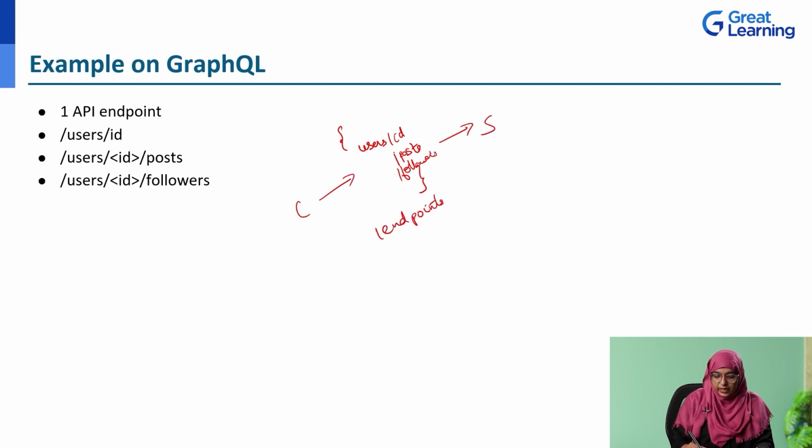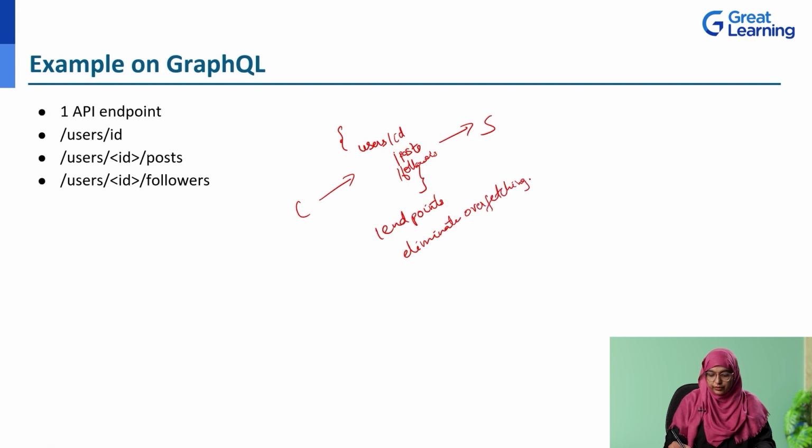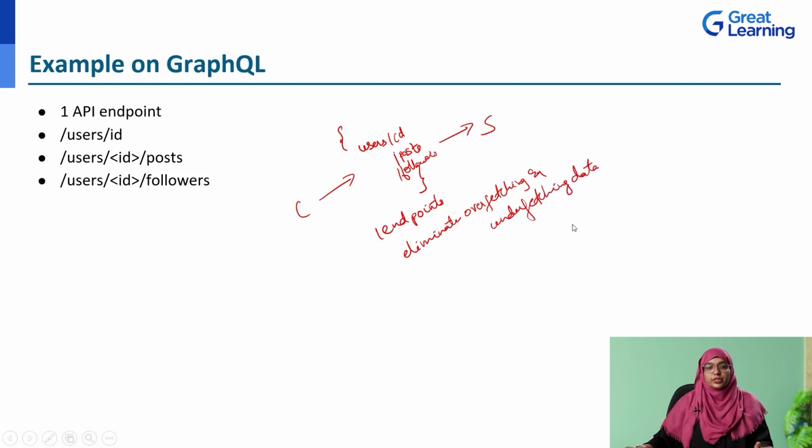So this also eliminates the overfetching and underfetching of your data, right? So that's the example for your GraphQL.